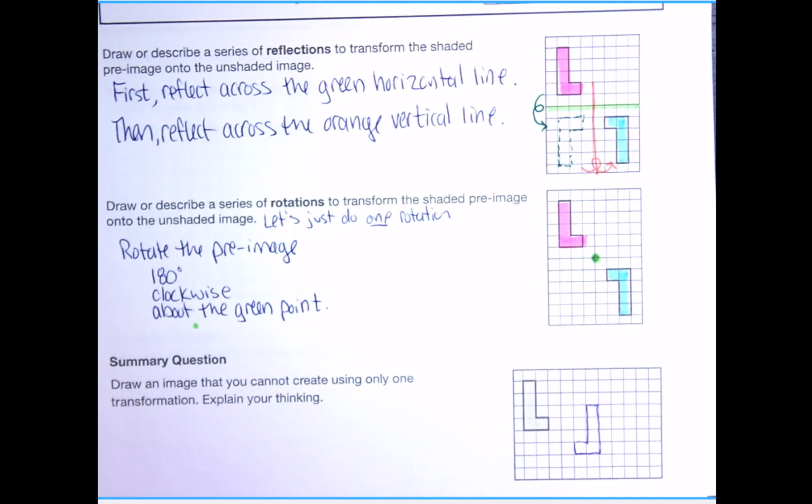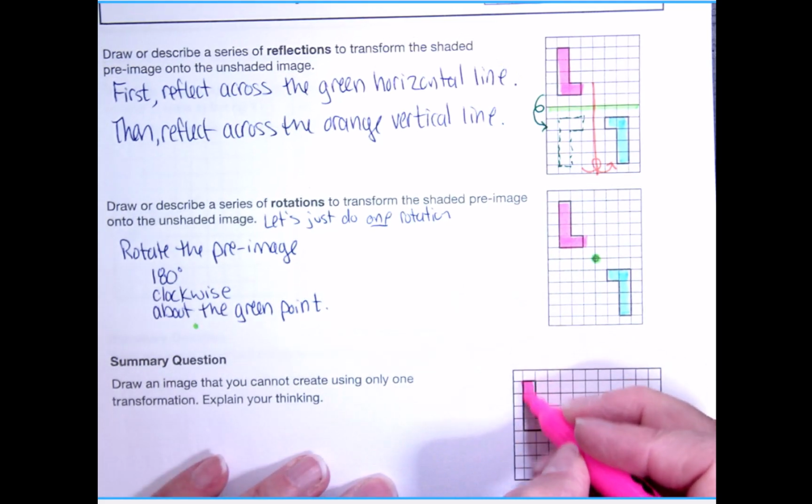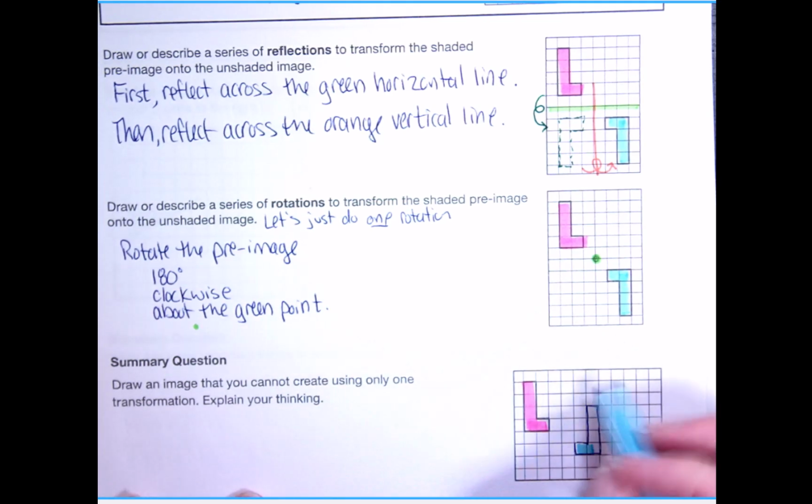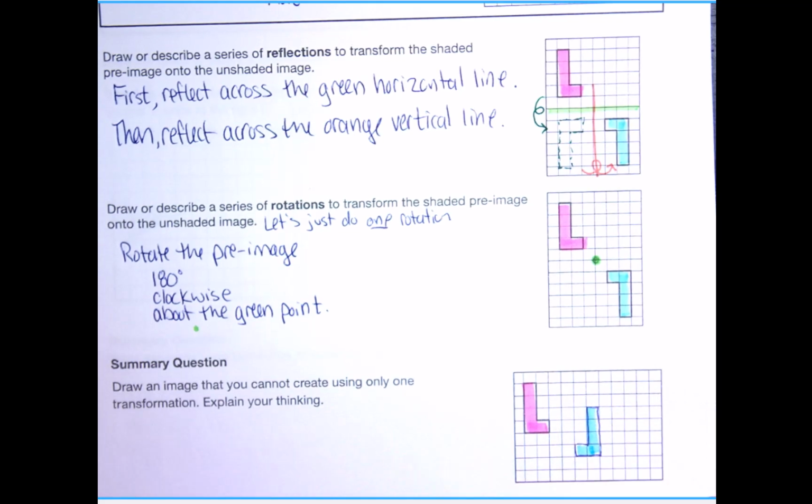All right, so here's my pre-image. And here's my image. And I have to reflect it. If I had this on transparent paper, I would have to pick up the paper and physically flip it over.